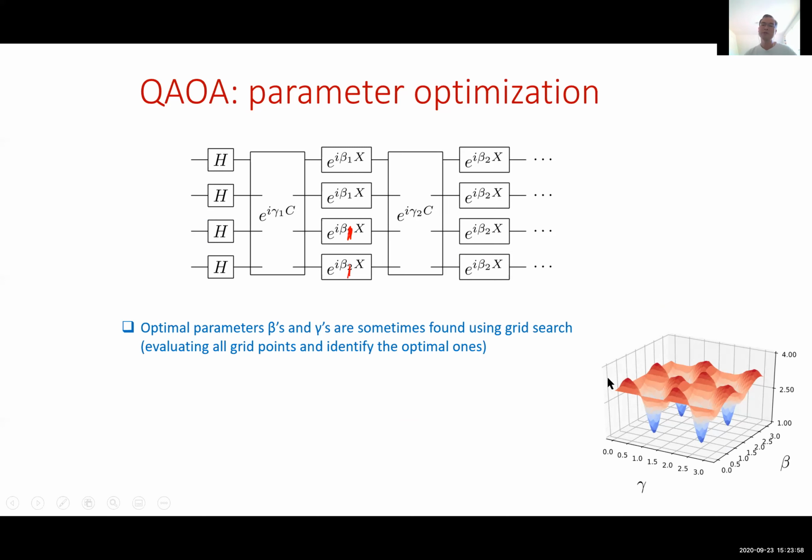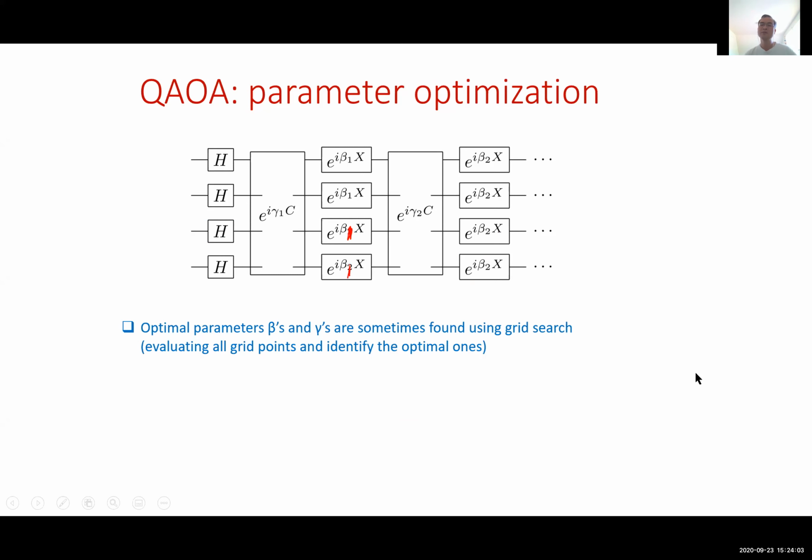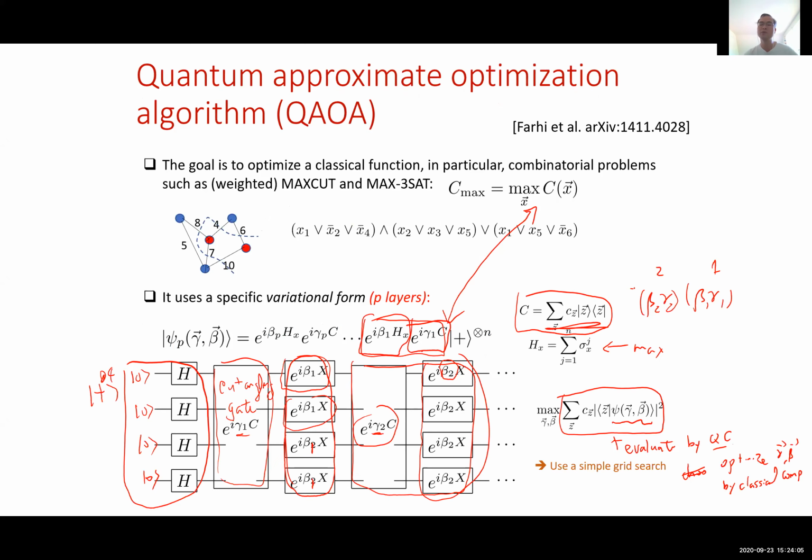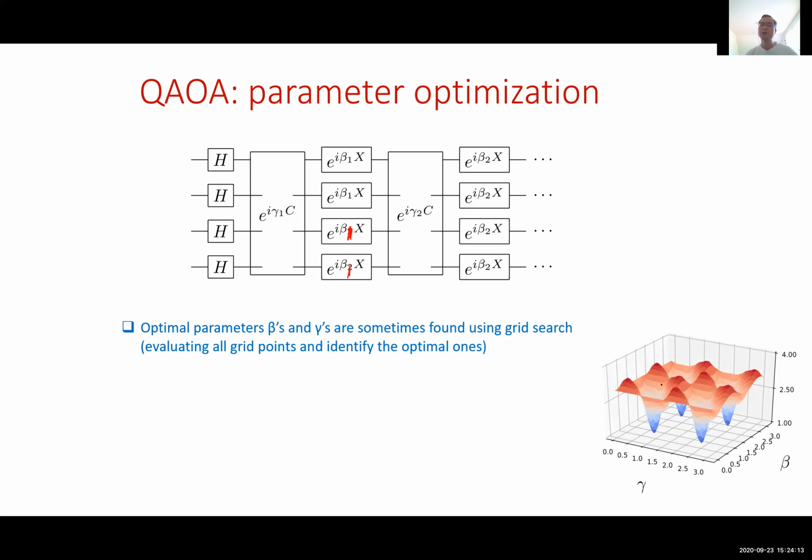A simple way to do that is a grid search. For example, this is the cost function in terms of these variables. If you are able to calculate this cost function in terms of these variables, then you can plot it. With the quantum computer, we would evaluate this on a grid, by choosing appropriate gamma and beta on the grid, and then we can identify the approximate best value.